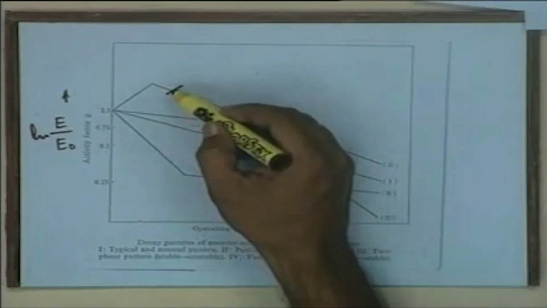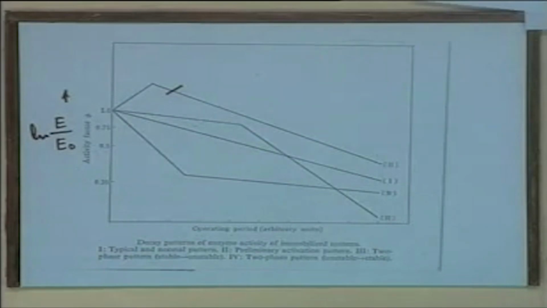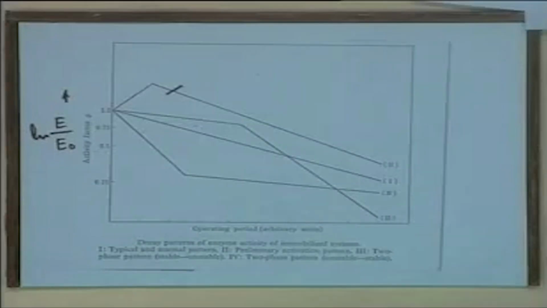Very often such a profile is noted in the case of immobilized cells, where initial autolysis of the cell releases some enzyme, and then the enzyme remains entrapped and shows a normal first order decay. But initial autolysis of the cell gives you some enhanced activity.